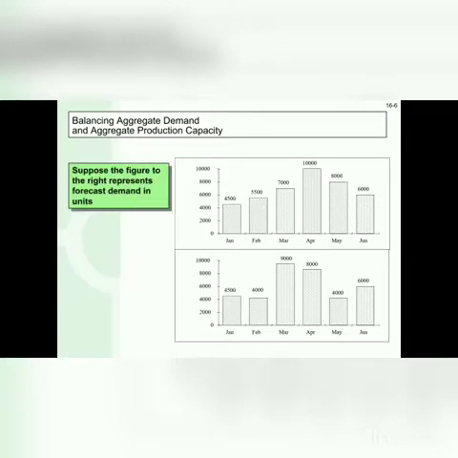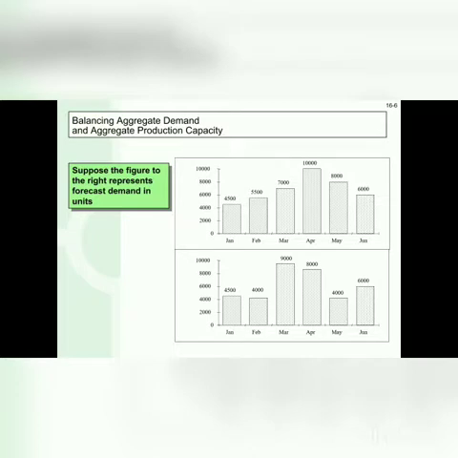Now you can see here the balancing of aggregate demand and aggregate production capacity through the graph. The graph here is month wise. The graph is given for January, February, March, April, May, June, and the total production required in every month is also given. Suppose the figure to the right represents forecast demand in units. This is the forecasted demand.